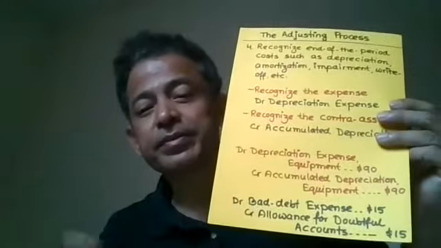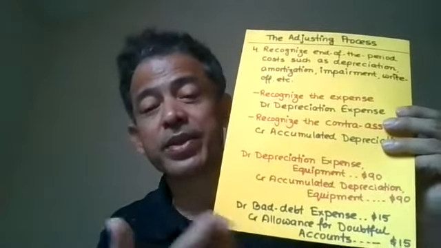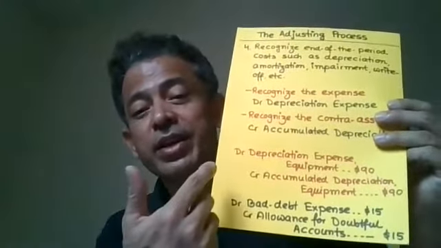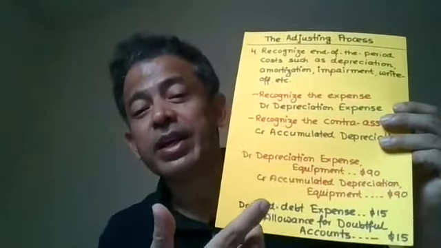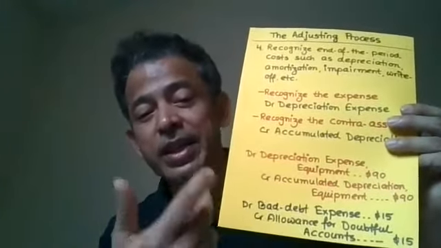If it's on an intangible, like a franchise, then we don't call it depreciation expense. We call it amortization expense and accumulated amortization. So for franchise cost that is gradually being amortized, debit amortization expense, credit accumulated amortization.